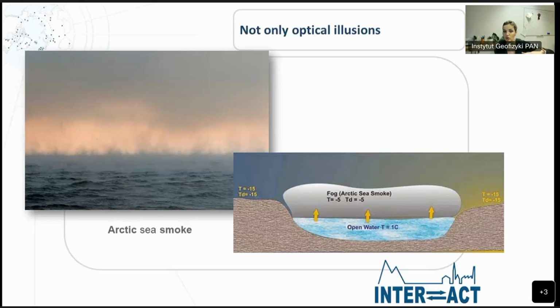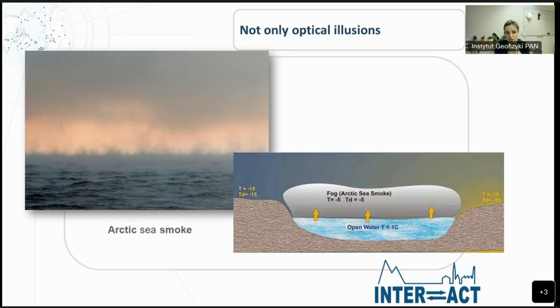So the water is relatively warm, remember, relatively large differences of temperature between the ocean surface and the air. Relatively, it's not like 30 degrees, and it evaporates from the open surface into the air.